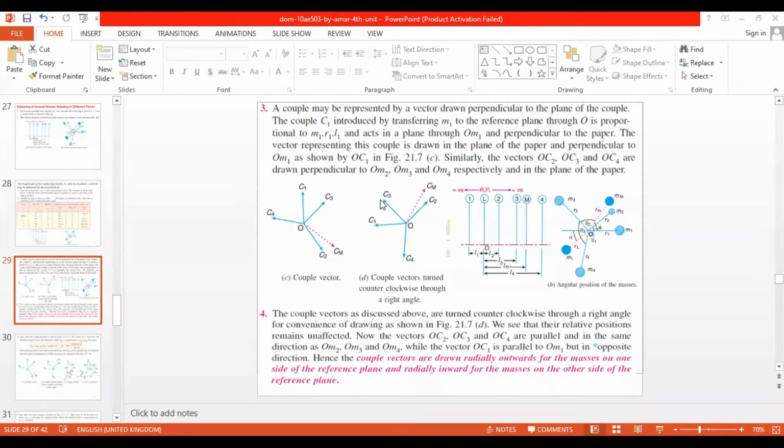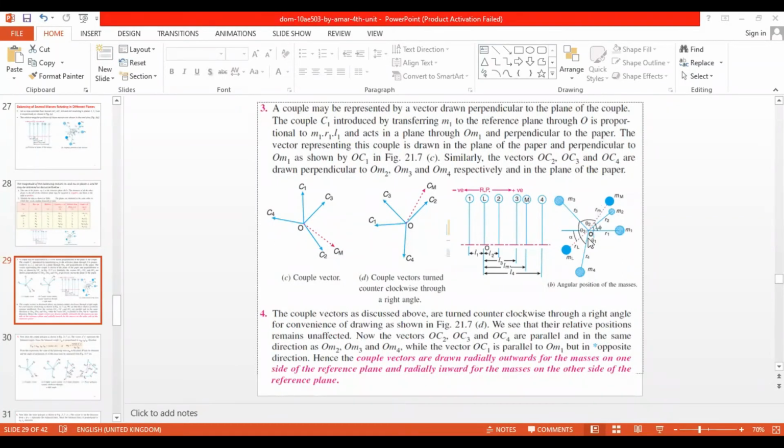The couple C1 introduced by transferring m1 to the reference plane through O is proportional to m1 r1 l1, and acts in the plane through OM1 and perpendicular to the paper.